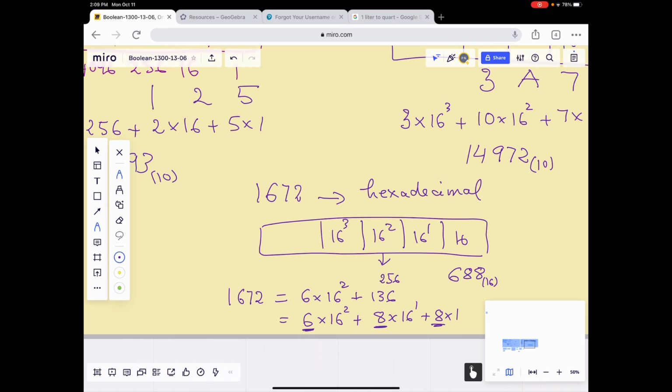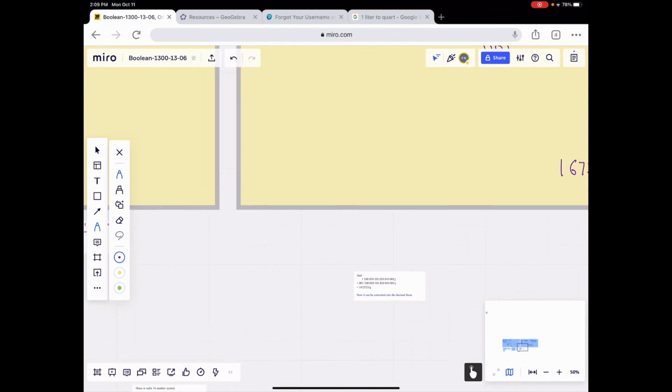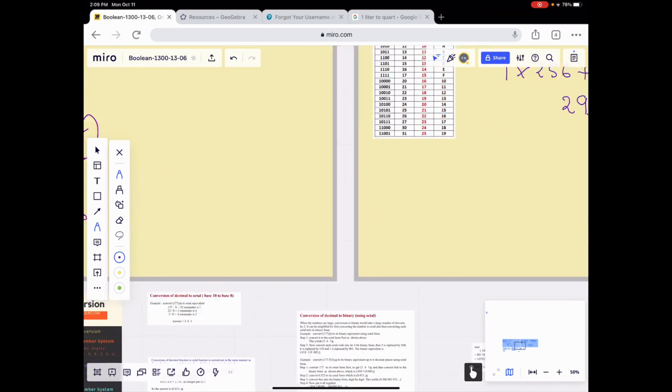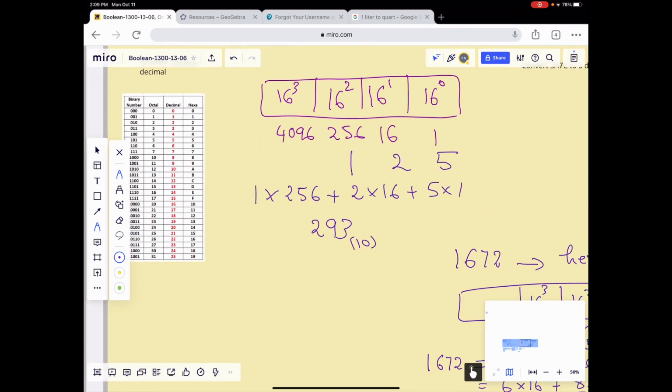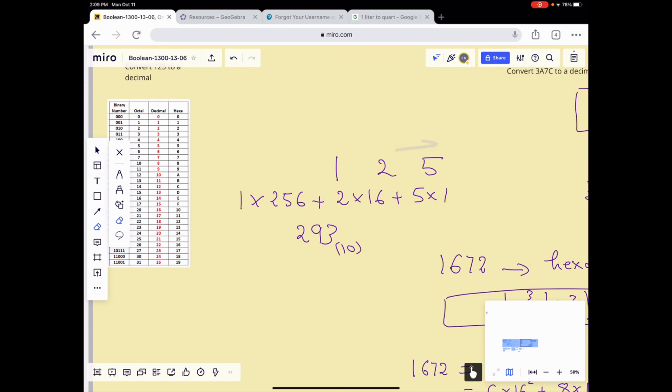Okay, and another method is the remainder method. So let's erase this one.